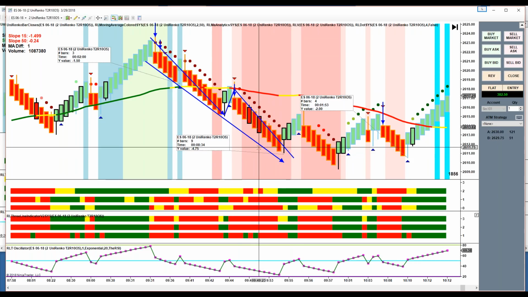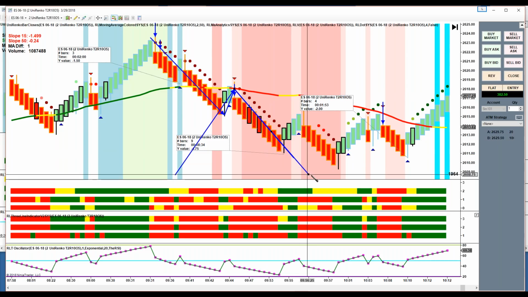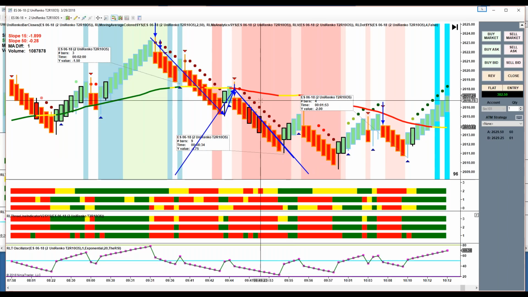There's only 2 types of trades. And the other type of trade is simply the move down, touch of the 50, and the short. So those are not the continuation trades, but you're entering off of the 50.